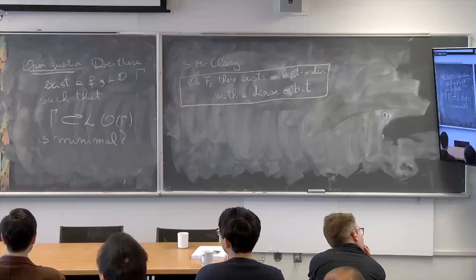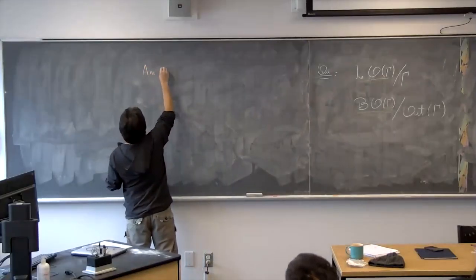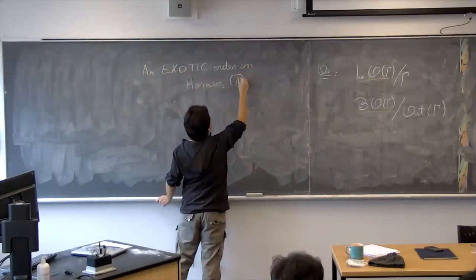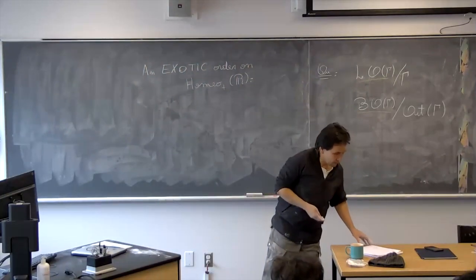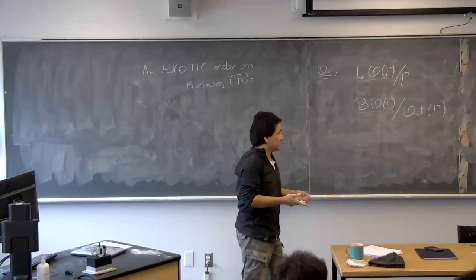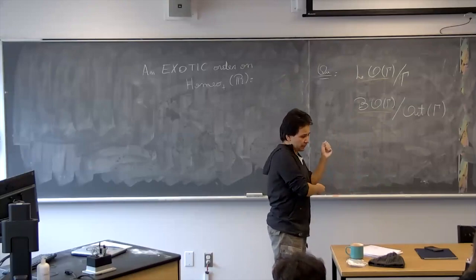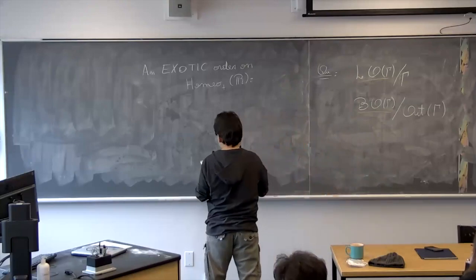Let me finish with one remark: an exotic order on R to the omega plus R. Well, this order is not that exotic because it is a limit of natural orders, but it is not a natural order. Let me give just the construction.